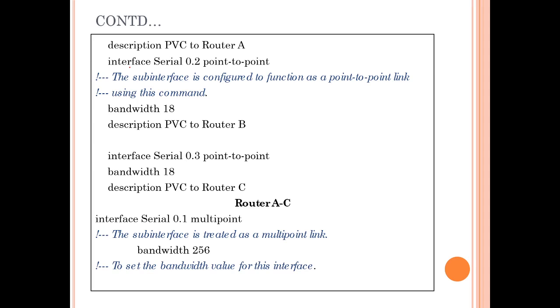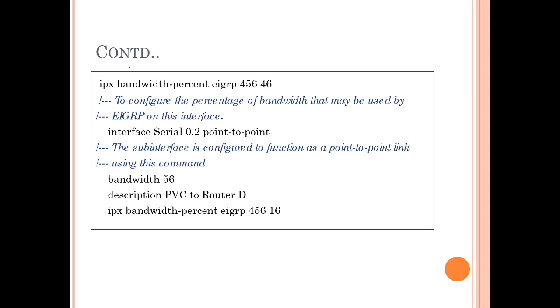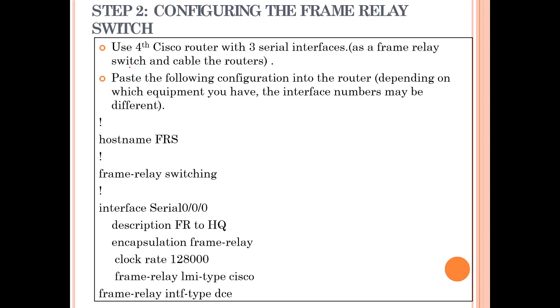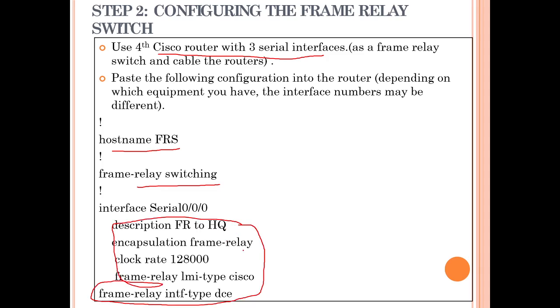And here you can see the configurations also. The most important part is that this router with 3 serial interfaces is the Frame Relay switch. How can we configure it? Just put the name of FRS. You have to enable Frame Relay switching, and then describe the Frame Relay interface type, and the type you mention is Cisco.